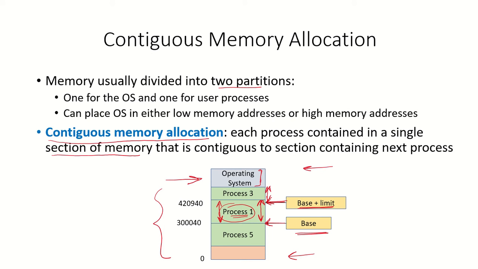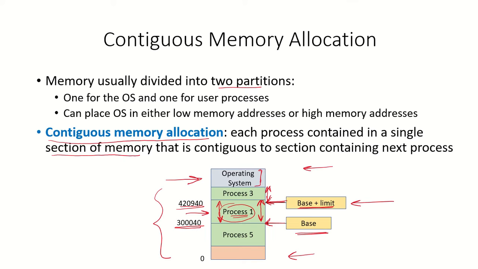So that means any address which a process accesses will have to be less than the base plus limit of that particular process. So in case of process 1, this is the base address which has been allocated to this, and this is the base plus limit.